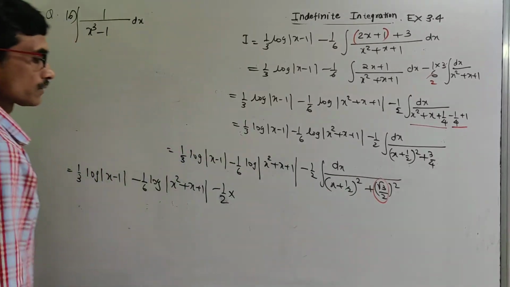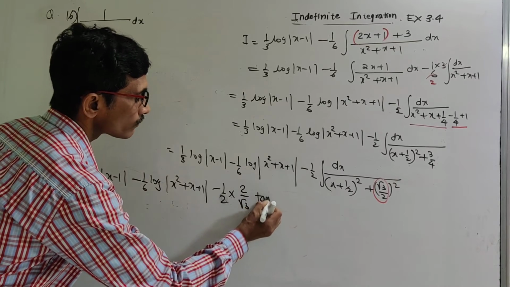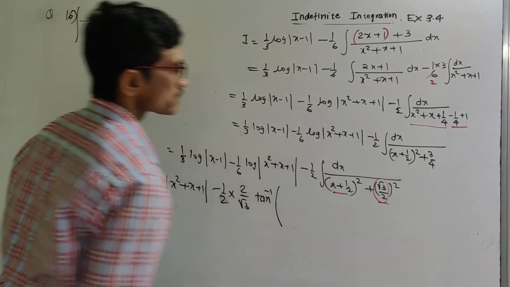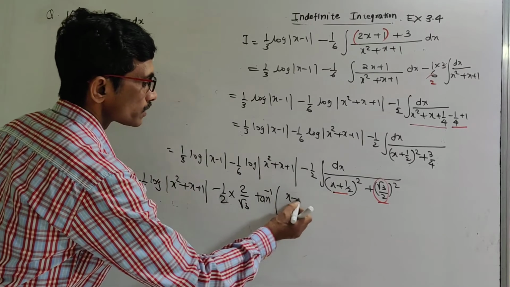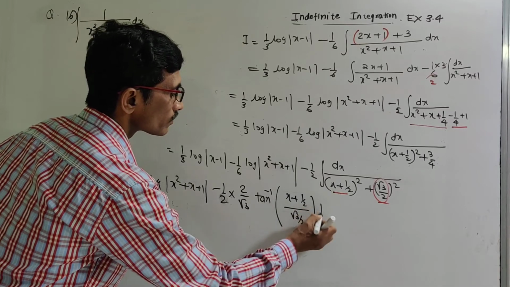That means 2/√3. 2 by root 3 tan inverse of x upon a, where x is this and a is this, x plus 1 by 2 upon root 3 by 2, plus c.